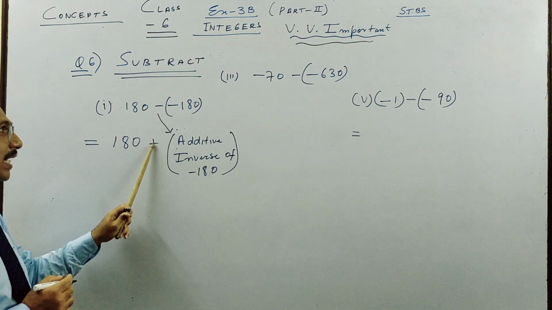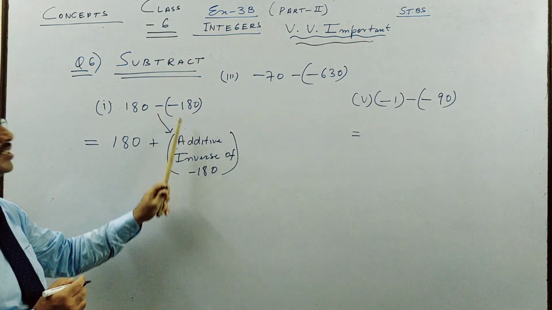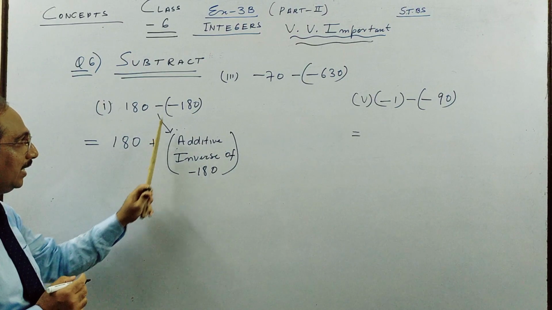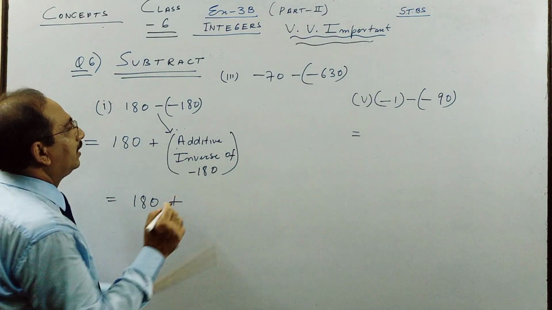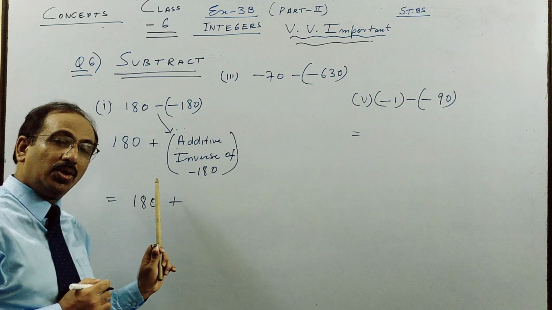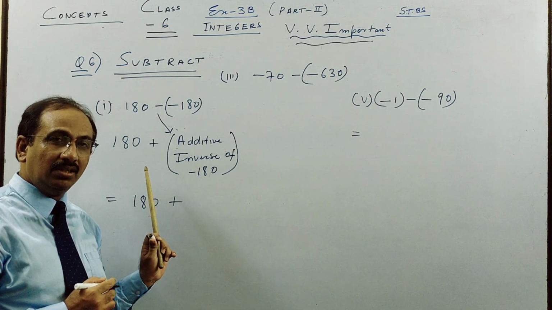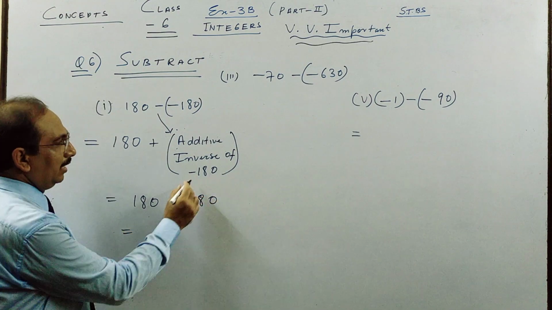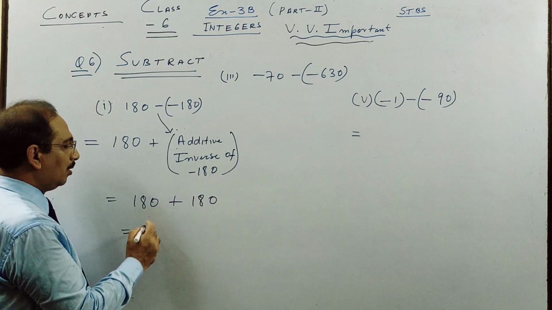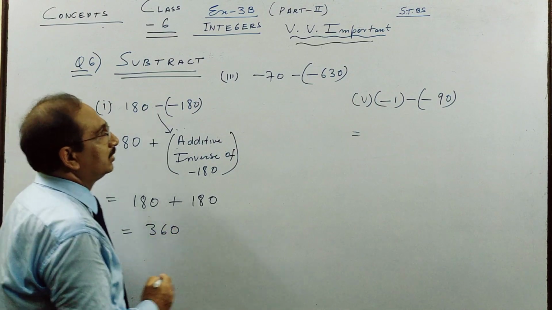So this becomes adding. Take the inverse of this. So subtraction is adding the inverse of this. So what do we get? If you take the additive inverse of minus 180, I told you in the previous question, minus becomes plus. So when you add, minus 180 is plus 180, plus 180 plus 180 is 360.